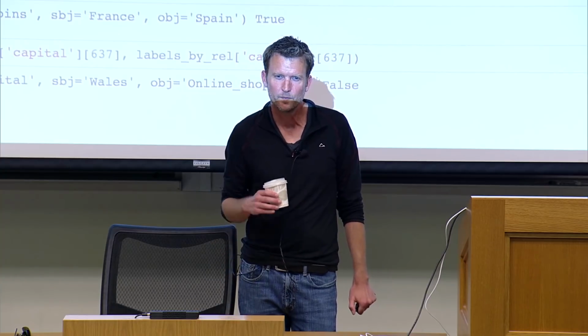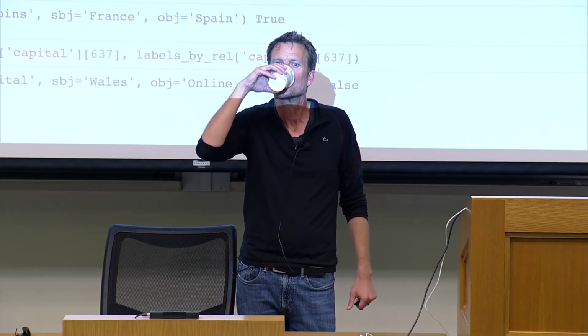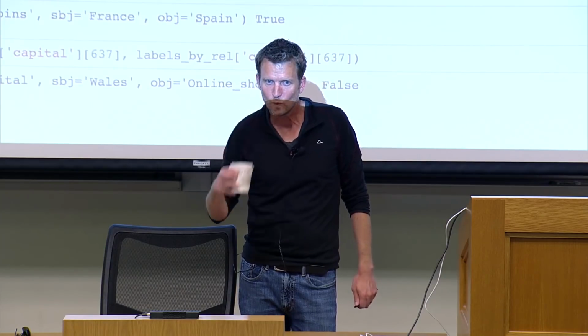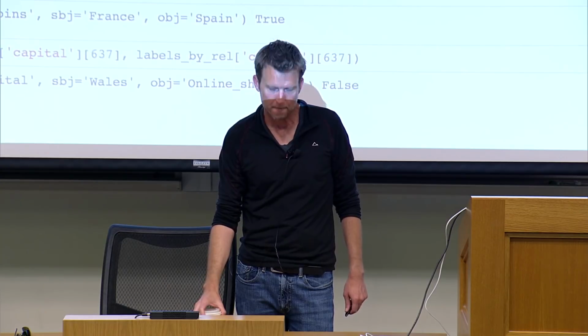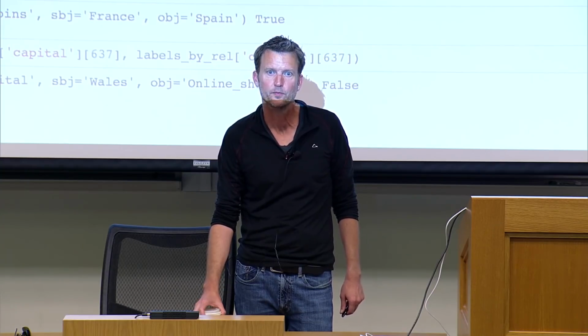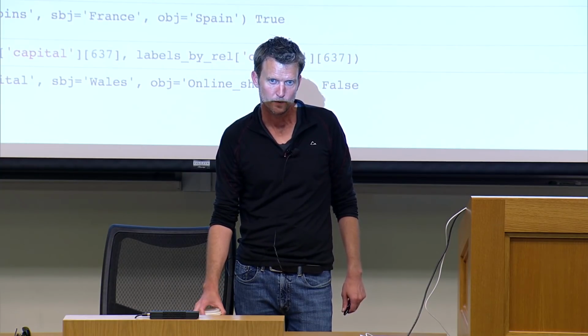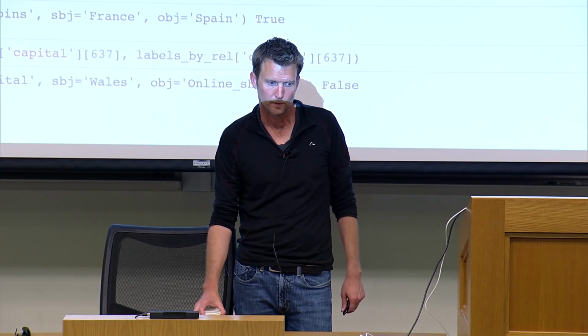I guess so. When I think of sorting these triplets by relation, I can see the word play as being used for either playing an instrument or playing a sport, which are very different things. And so, A, is that a problem? And B, if that is a problem, how do you account for that?